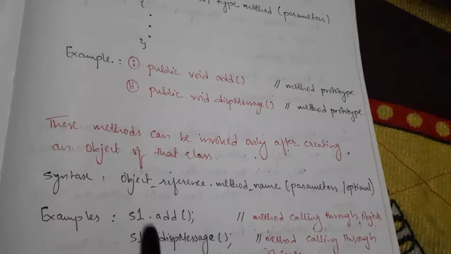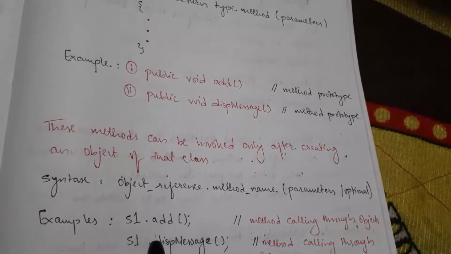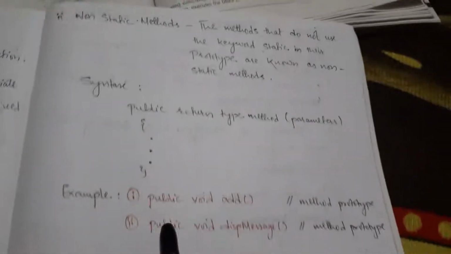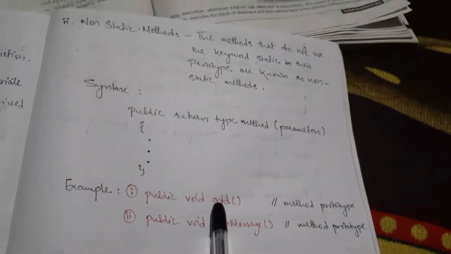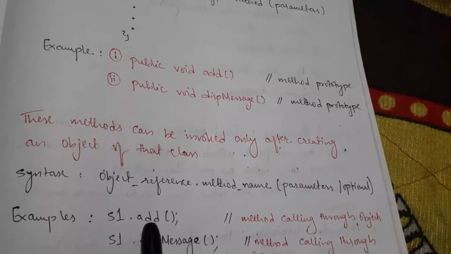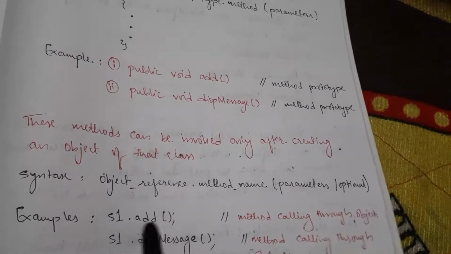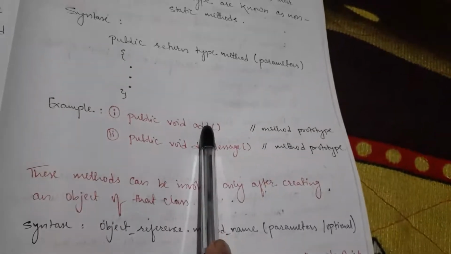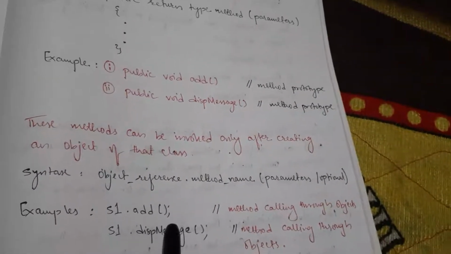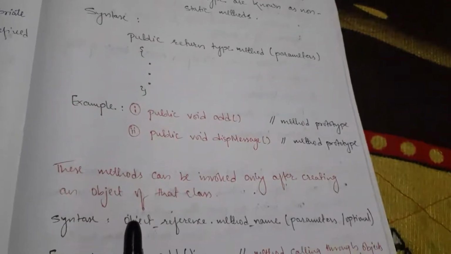So these two, the creating object statements, are for these examples. Like public void add is the method prototype for the non-static method. For this one, how to call through the object is by writing s1.add, and for the second example s1.dispMessage. So this is how you have to call through objects for the non-static method in programming.